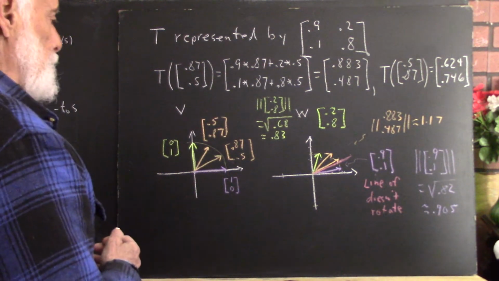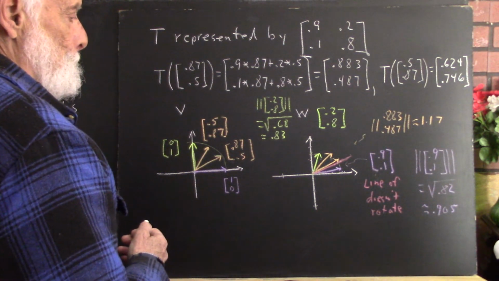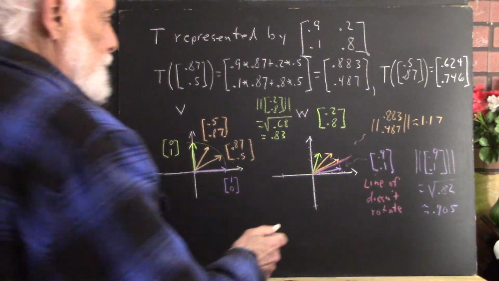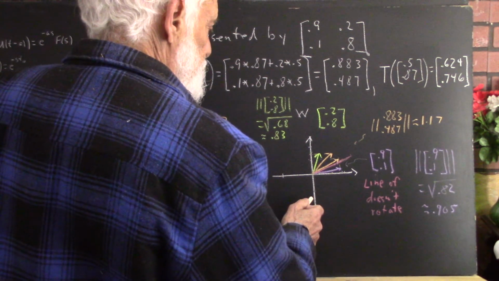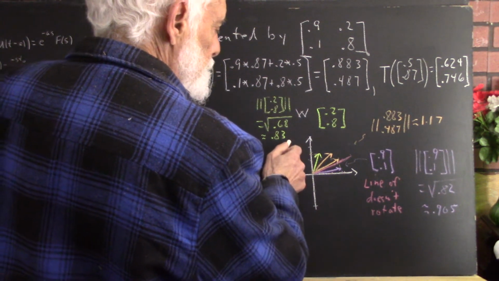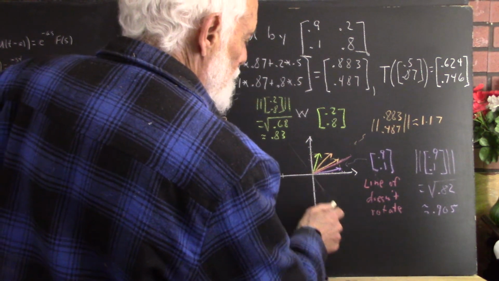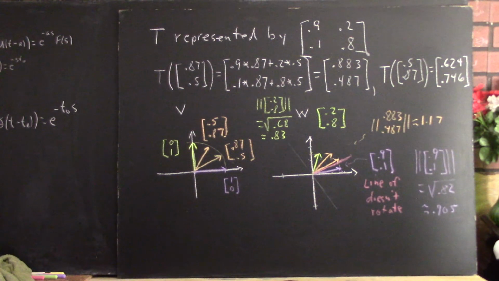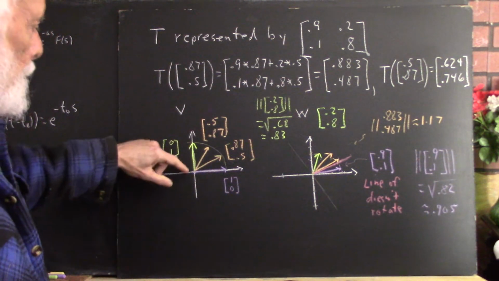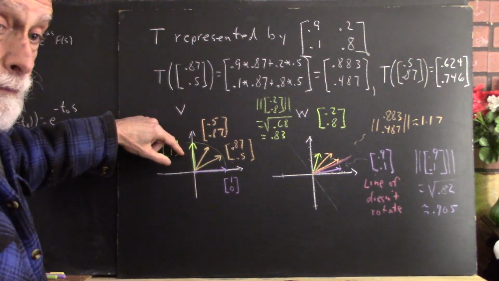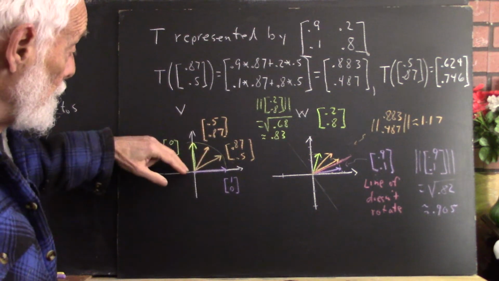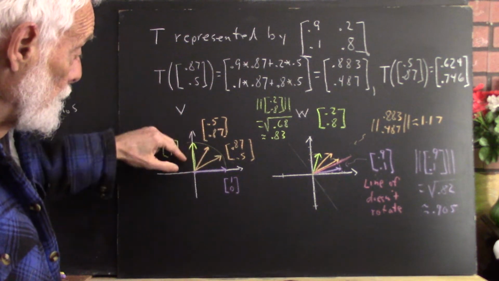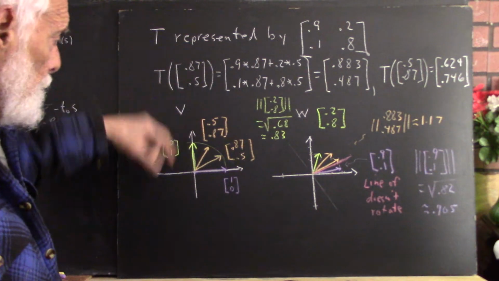Okay, another thing now is, and I'm not going to explain why, although if you map the vector, the next vector in this series would be a vector at 30 degrees from the y-axis.